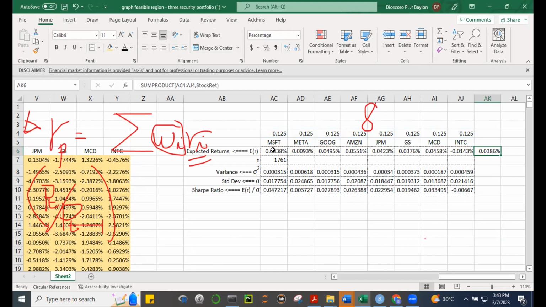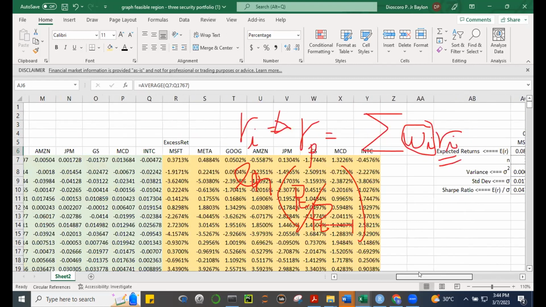So Microsoft individually has a higher return than the portfolio. Meta has a lower return. So which ones are lower? Meta and then Intel. So only two assets performed worse than the portfolio itself.